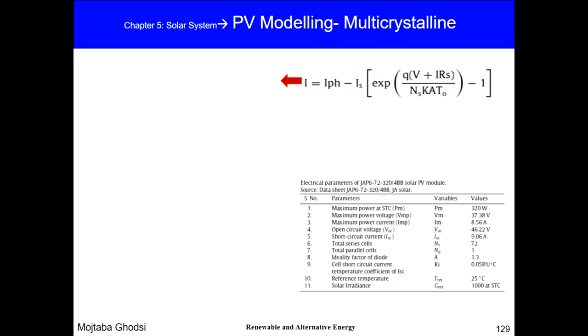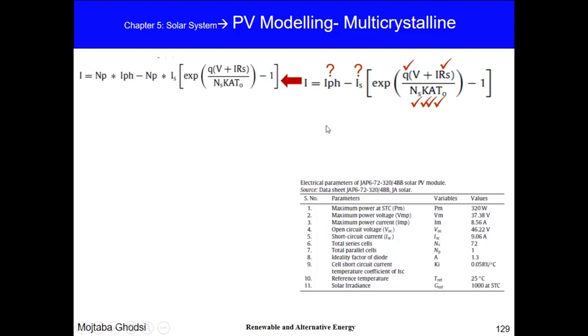As you can see, we have K, we have A, we have operating temperature, we have RS, but we don't know IPH and IS. The unknowns are only IPH and IS. If we know these two, it means that we know the relationship between the voltage and current that appear on the two sides of these equations.